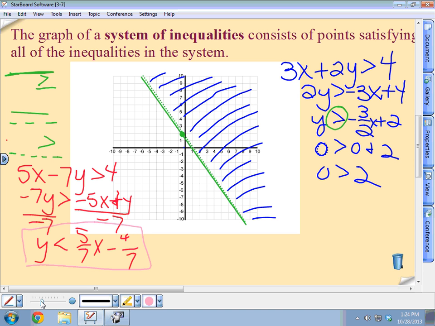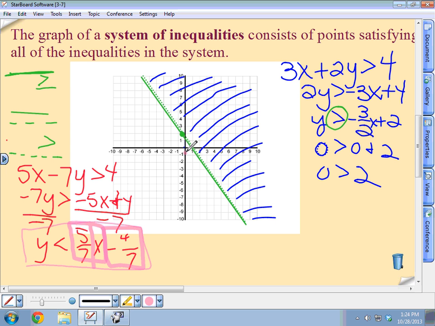Well, we have it in slope-intercept form, where this is my slope, 5/7, and this is my y-intercept, negative 4/7, which is somewhere right around a little more than halfway. It's hard to see like that, but that's fine. I have a slope of 5/7, and it's positive, so it's going to look like a mountain, and I'm going to go up 5 for every 7 I go over.